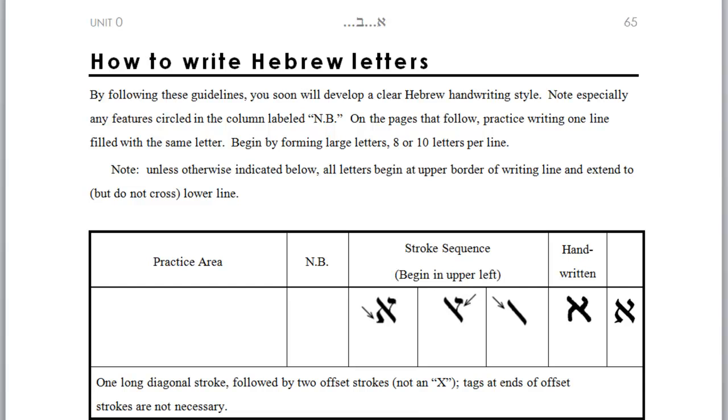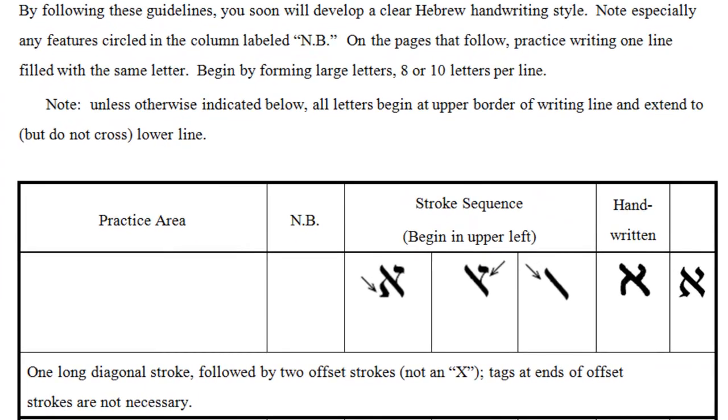Let's begin with the Aleph letter. Your first stroke should be the diagonal stroke, beginning in the upper left and proceeding to the lower right. The second stroke will be a slightly hooked stroke that will begin in the upper right and then reach downward, connecting a little below the center zone of the larger diagonal stroke.